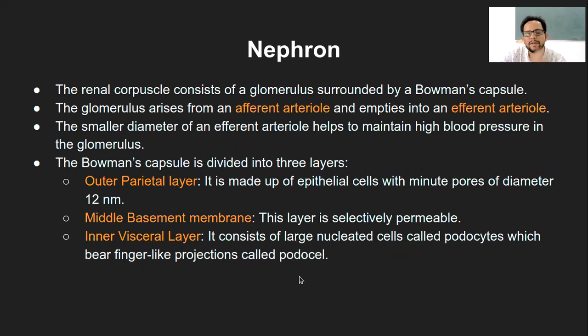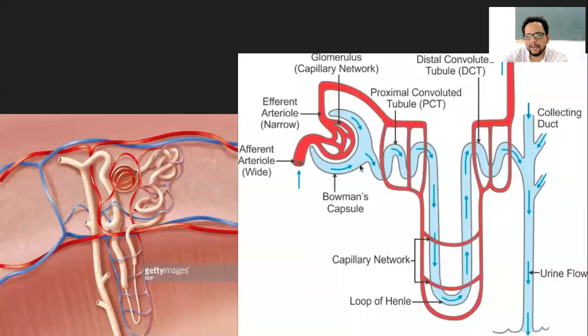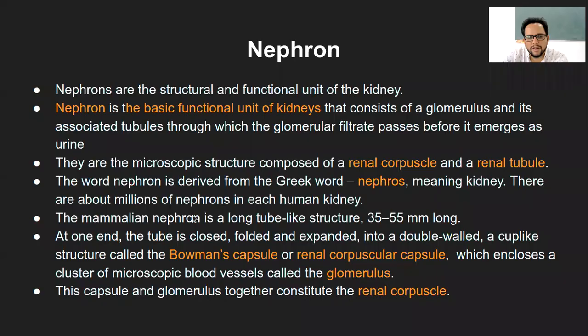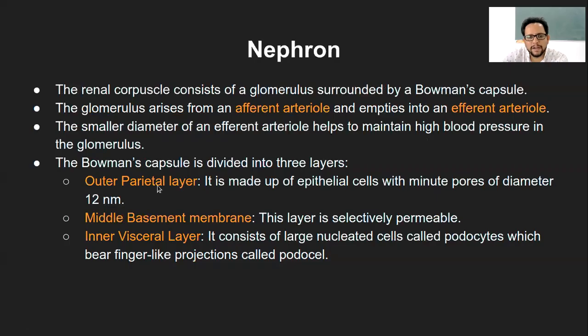Now, again I'll go back to the diagram. Whatever is incoming, or whatever is filtered out from this glomerular network, will be received by this inner layer of the podocytes, which is right next to the glomerulus. Then they will selectively allow some molecules to pass through the middle basement membrane, and whatever is required by the body will be squeezed out through the pores present on the outermost layer, that is the outer parietal layer.